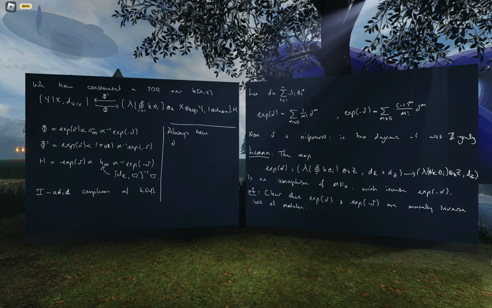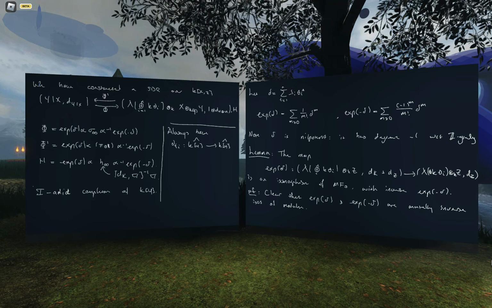So this isn't how I've defined these maps before, but I'm going to write it like this. We always have a map that works in a pretty similar way to these del T_i on the completion, right? It has essentially the same properties.